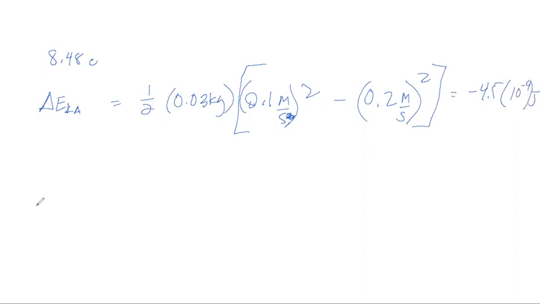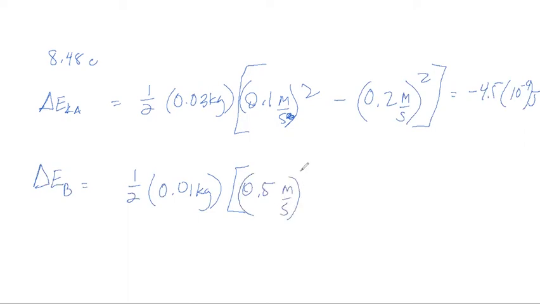And we're going to expect, since it's an elastic collision, a conservation of kinetic energy as well. So delta EK of B is going to equal 1/2 times its mass, 0.01 kg, times the change in its velocity squared, which is 0.5 meters per second quantity squared, minus 0.4 meters per second quantity squared.